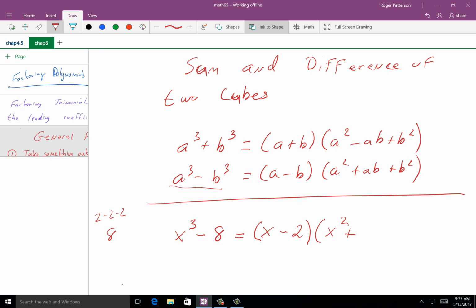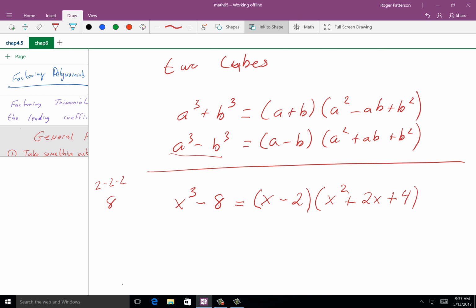Okay, so I'm a little confused. I understand how we did the x, but the second part, the 2x? That's just in the formula. Here where it says take a times b, the a in this case is the x, and the b is the 2. Then you just put it together. Yeah, you just multiply them together.